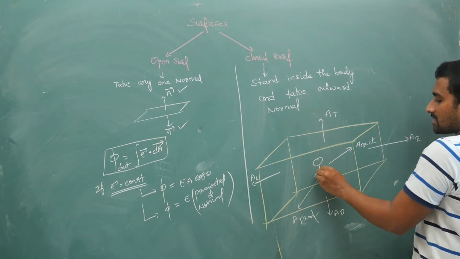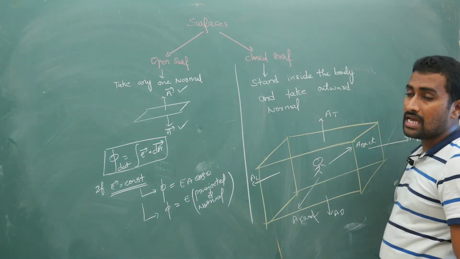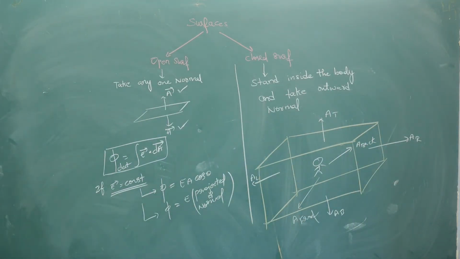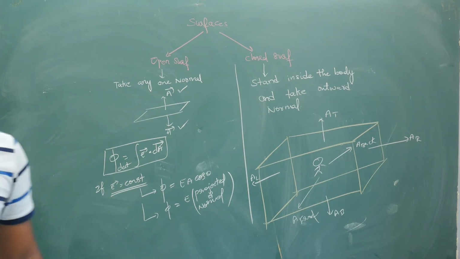So somebody should stand inside and you have to take the outward normal with respect to the person standing inside the box. This is how you calculate electric flux when you have open and closed surfaces. Now I will discuss in detail about the closed surfaces.